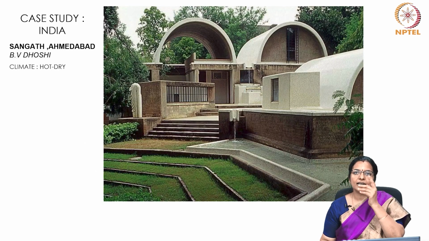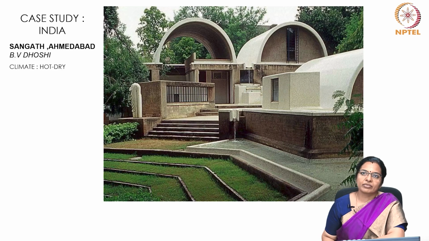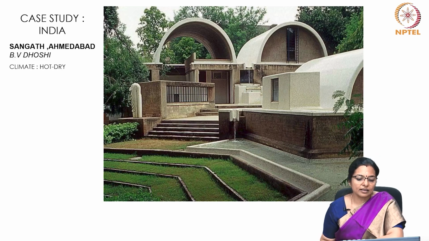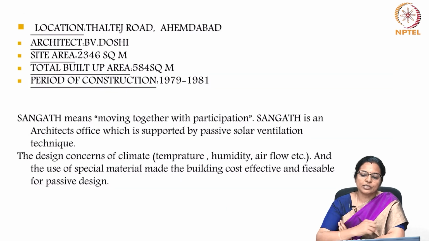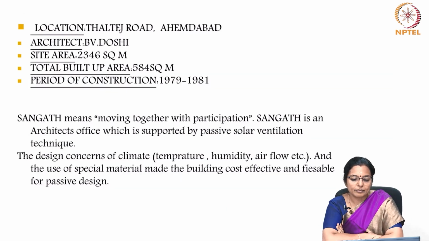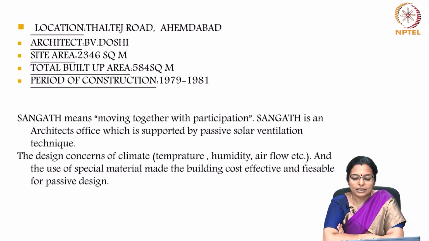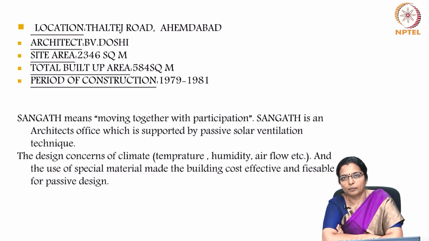Let us now look at case studies. The first one is Sangat, Ahmedabad. It is the office of Dr. B.V. Doshi, located in a hot dry climate. It has a built up area of approximately 584 square meters, and Sangat means moving together with participation.